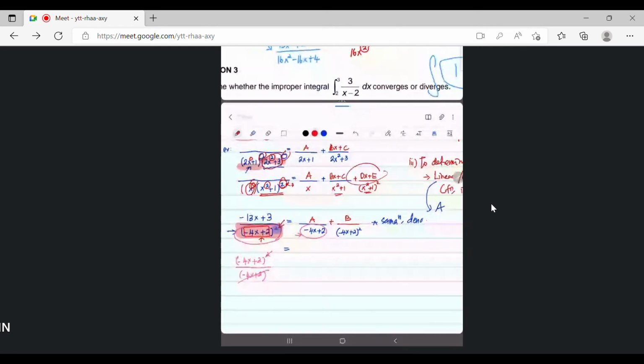So A sini we need to multiply with a negative 4x plus 2. But then how about B? Okay, kalau untuk B, ambil yang original, negative 4x plus 2 squared. We divide with dia punya denominator dekat sini, negative 4x plus 2 squared. Satu kan? So tak ada yang dia kurang kan? So dia akan maintain as the B.